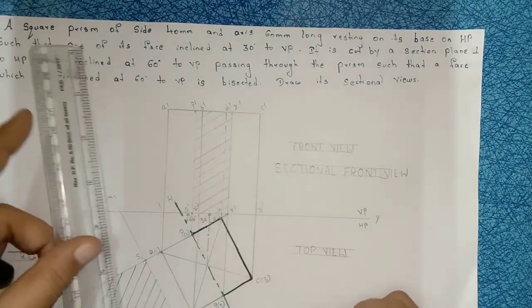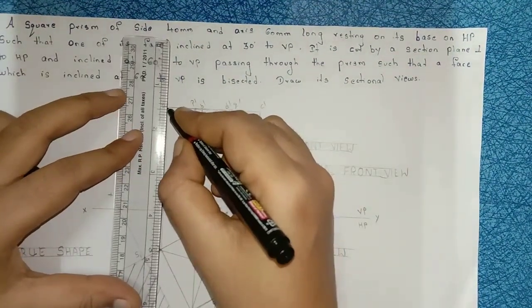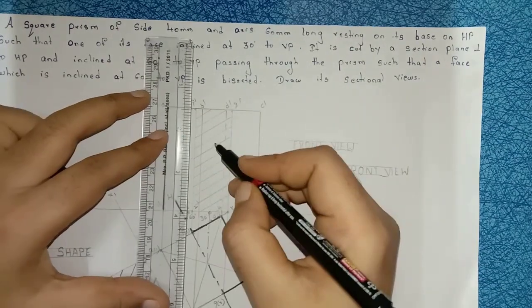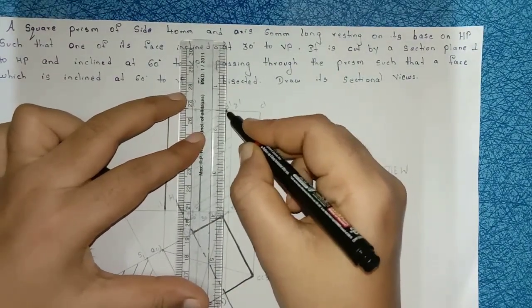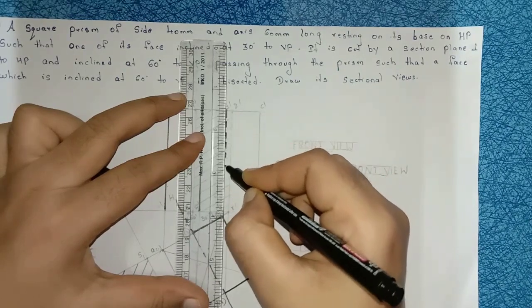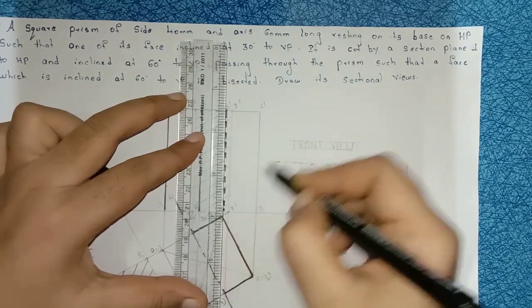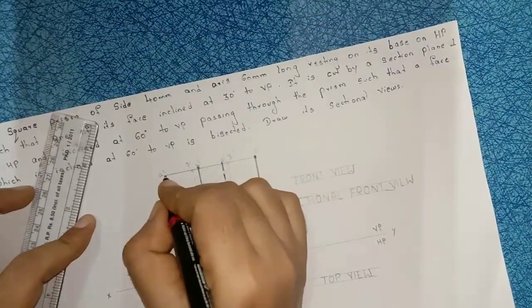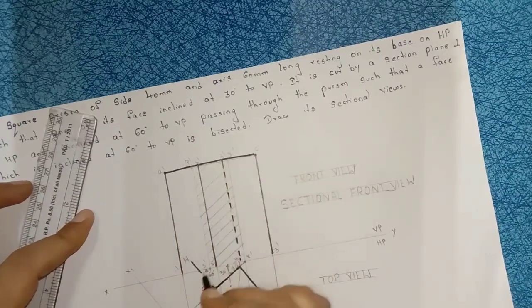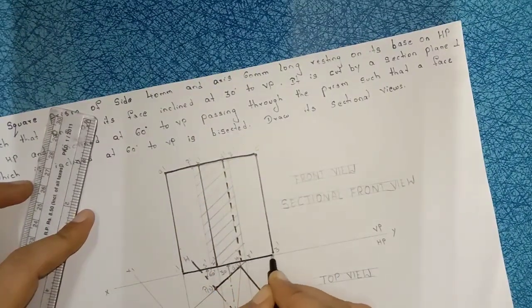Then next, this prism A dash, B dash, D dash is your dotted lines, C dash, right? Join here and join here.